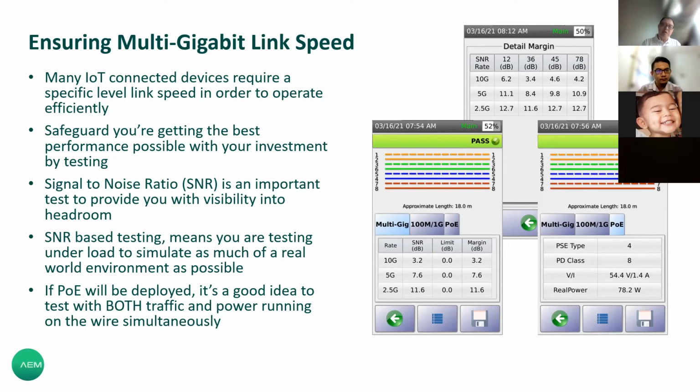So with this 78.2, you can check with the devices what is the minimum power or voltage required to run a camera or Wi-Fi IP and so on. So as you can see, cable measurement is just one of the stages that you need to look at. Even this, like multi-gig link speed and PoE, you also need to consider to ensure your cable can support all this.